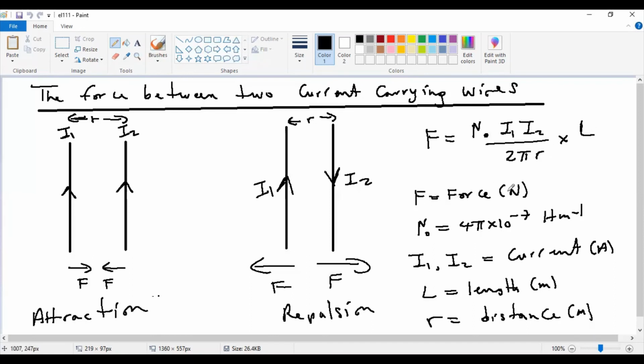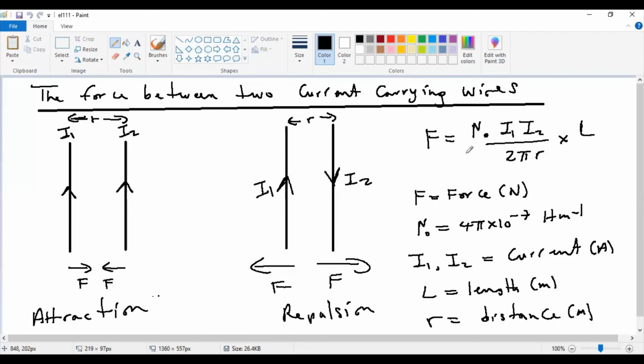F stands for force, measured in newtons. Mu naught needs no introduction. It's the constant you will always get, the permeability of free space, which is 4 pi times 10 to the negative 7 henry per meter. I1 and I2 are the currents flowing in the wires, L is the length, and r is the distance.